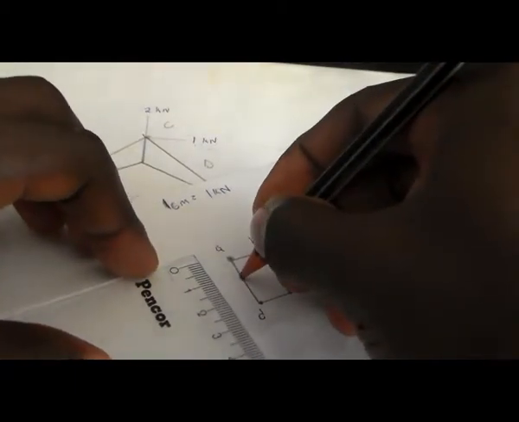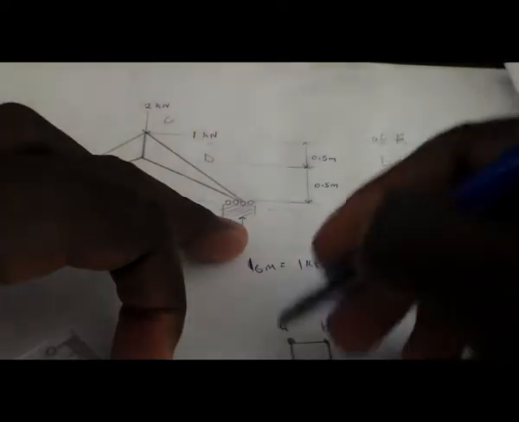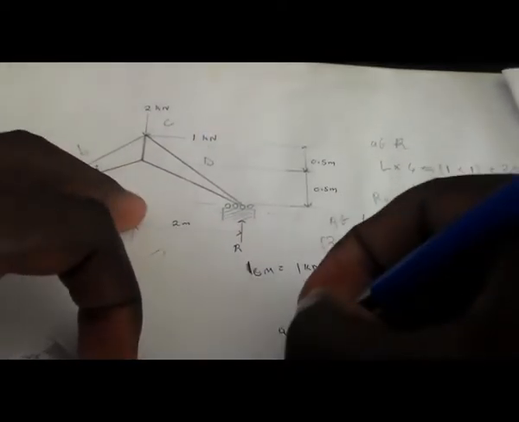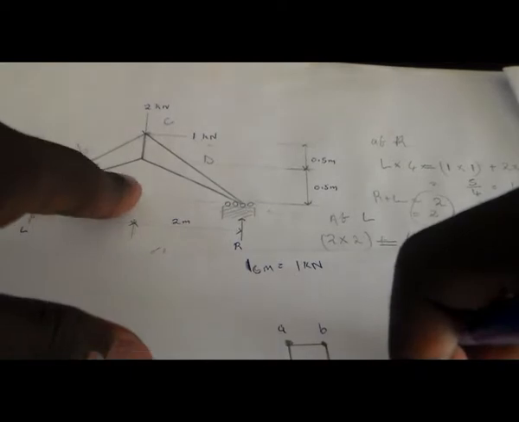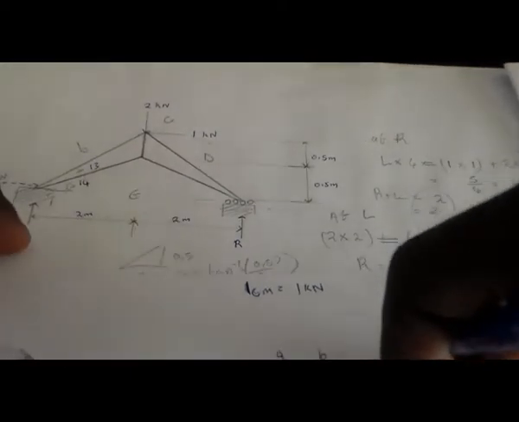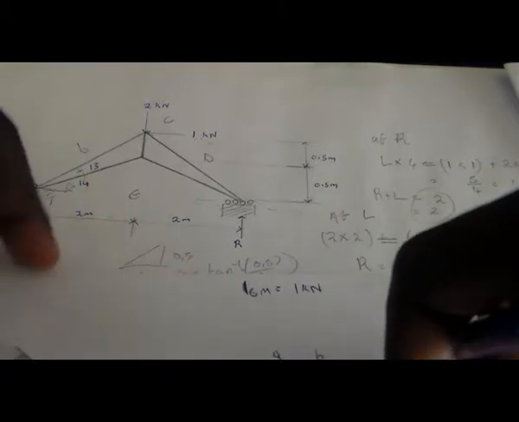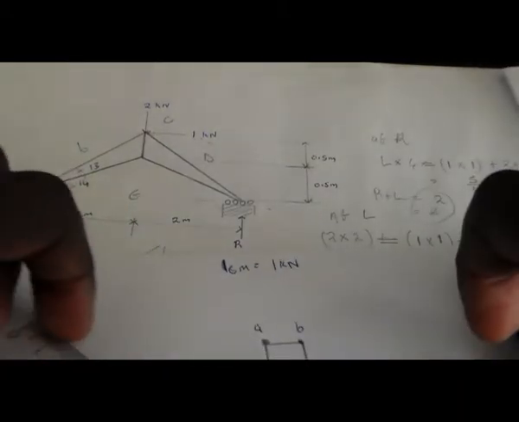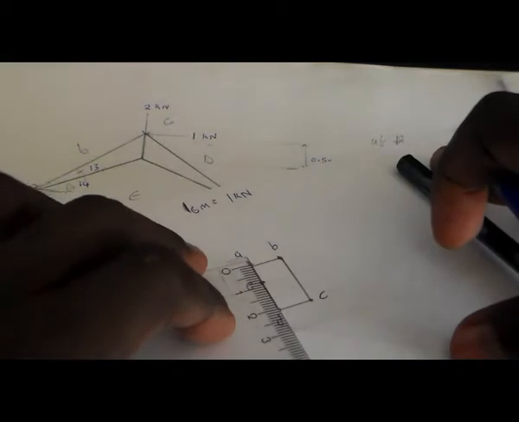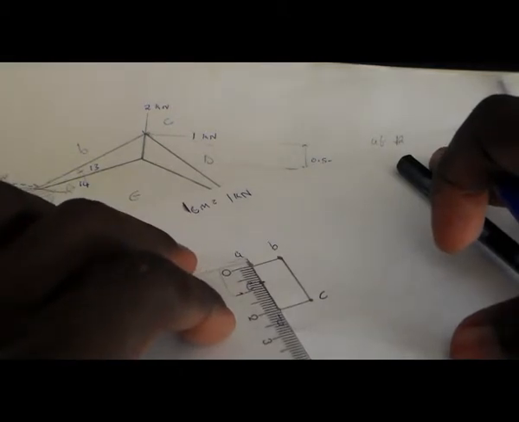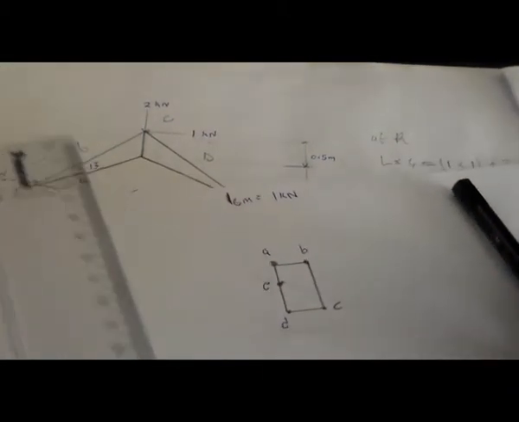This is R, the distance of R, which is going to give us E. So then from E to A is our left support, which is going to be 0.75.